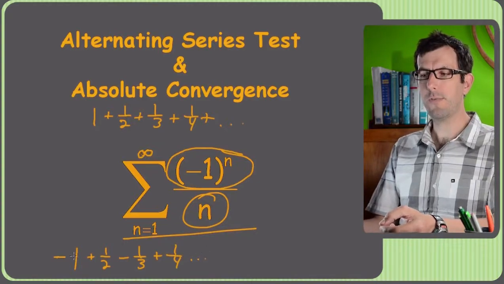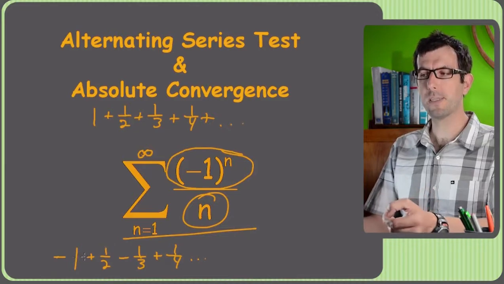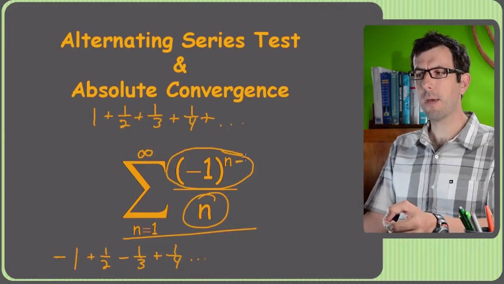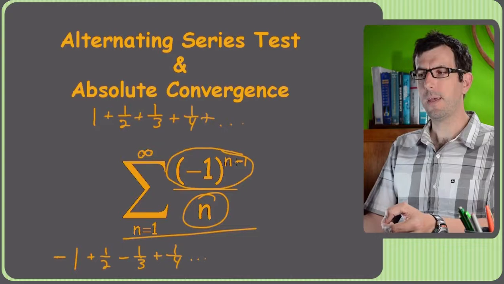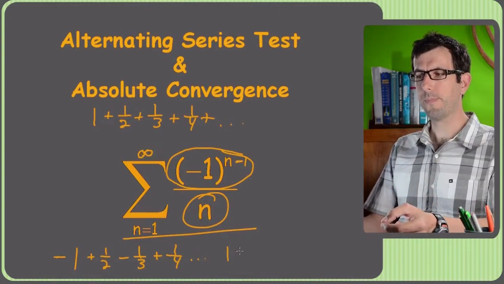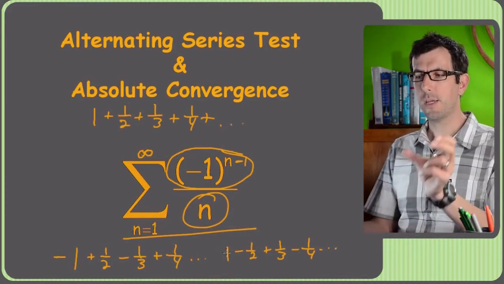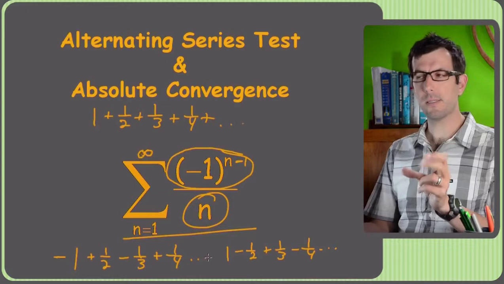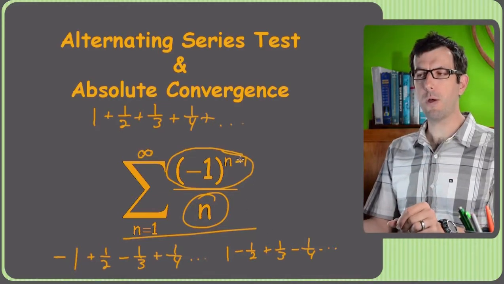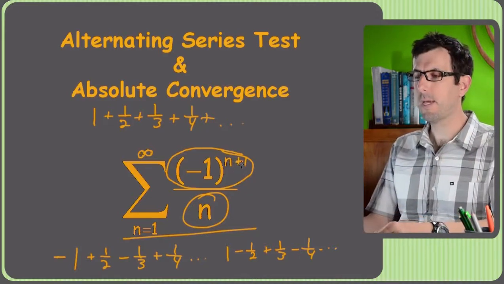And if you'd rather see the alternating harmonic series with a +1 out front, if we just throw a -1 onto the n right there, then that'll switch the signs, and we'll get 1 minus 1/2 plus 1/3 minus 1/4. So if you're ever trying to cook up a formula for an alternating series and you're just off by 1 with the pluses and minuses, just throw a -1 or a +1 on that exponent, and that'll flip all the signs to the opposite of what they were before.